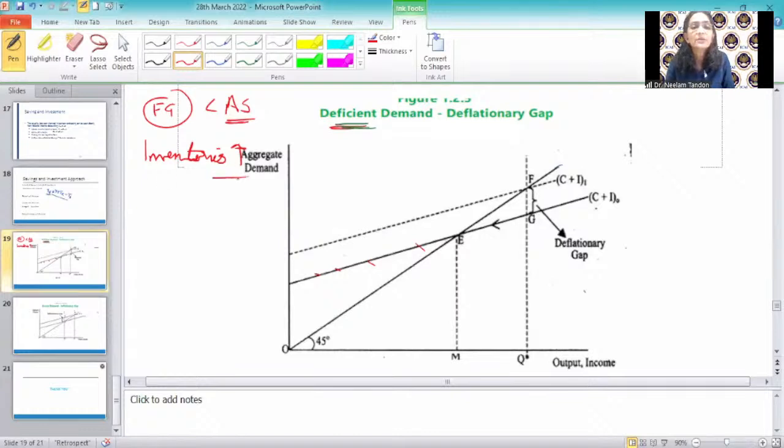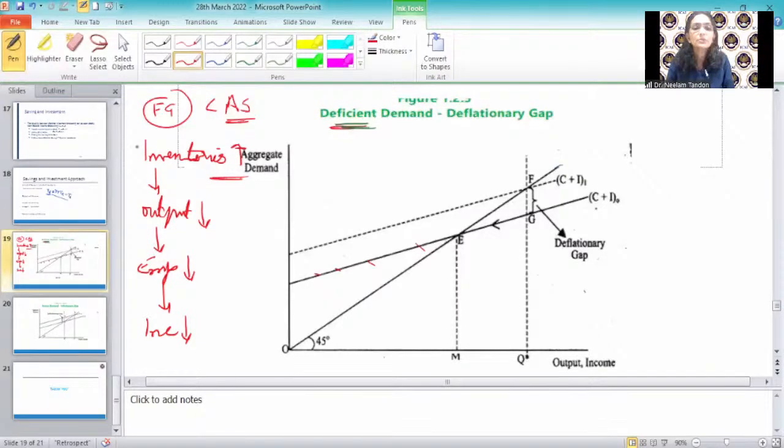Now, since inventories are more, they'll go for reduction in output. Output reduces means employment reduces. Employment reduces means income reduces. And which income are we talking about? Total income in the country, total employment in the country.